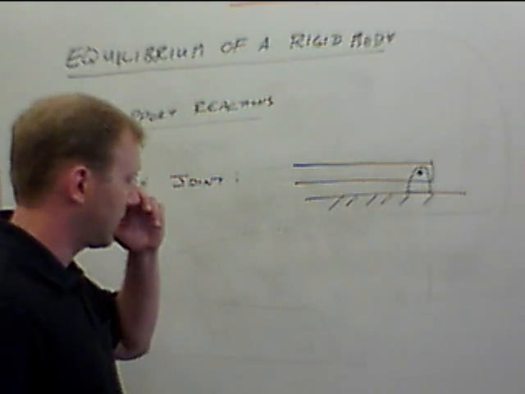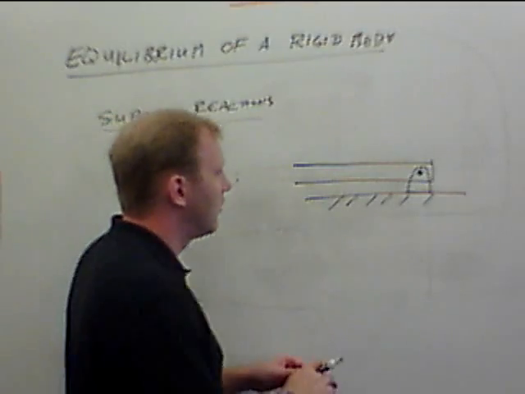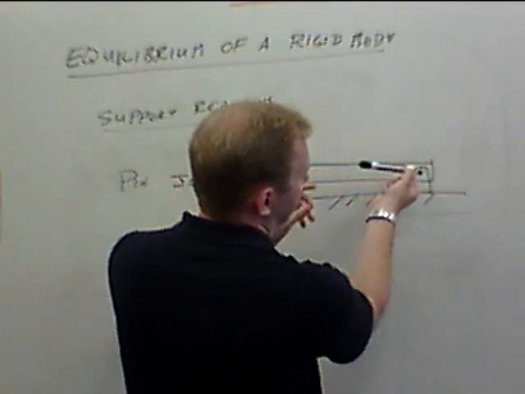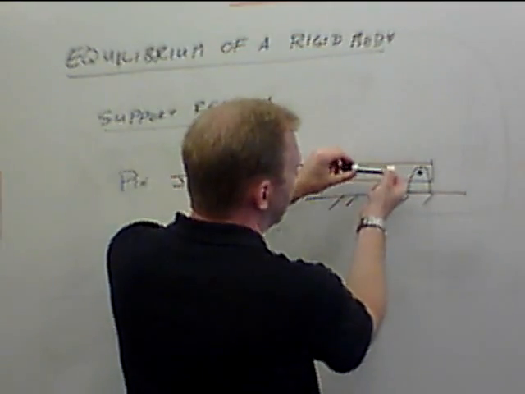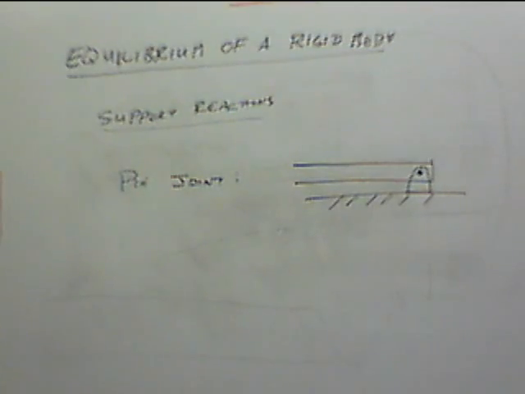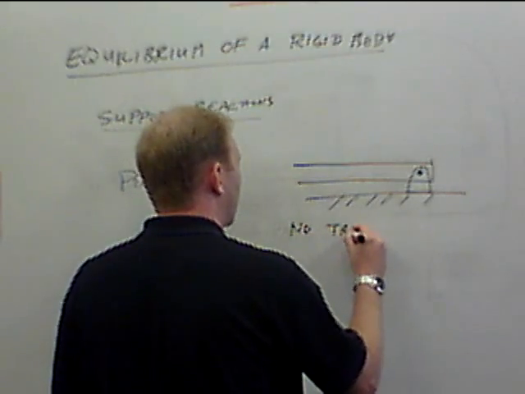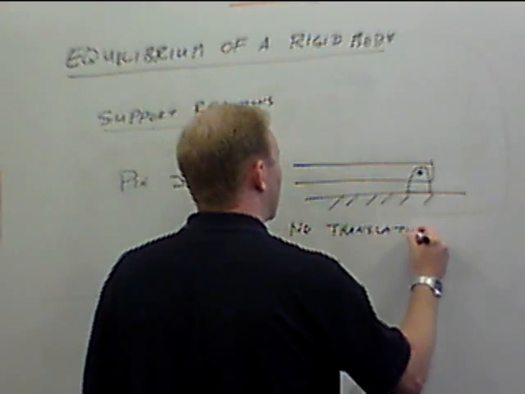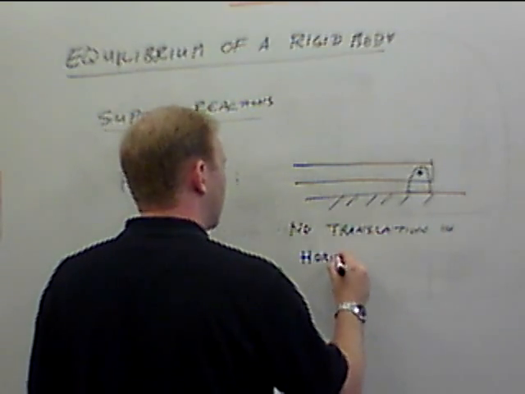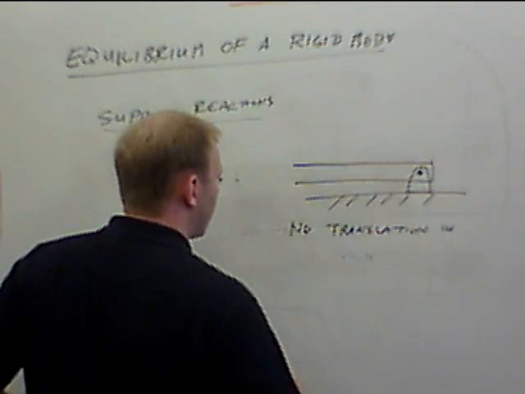Essentially, we've taken our beam, we've driven a pin or a nail through it, so we're holding it like this. It's allowed to rotate, but we're keeping it from moving up or down or side to side. So this prevents movement, so no translation in horizontal or vertical directions.